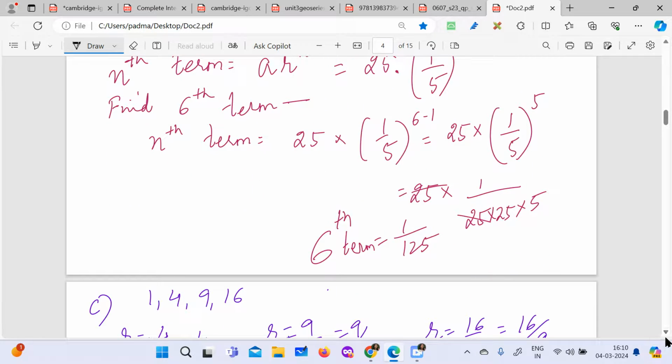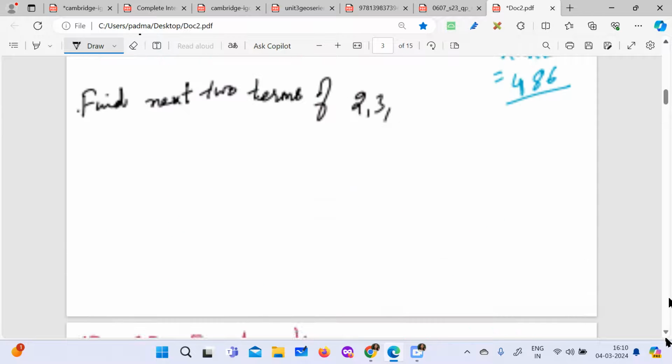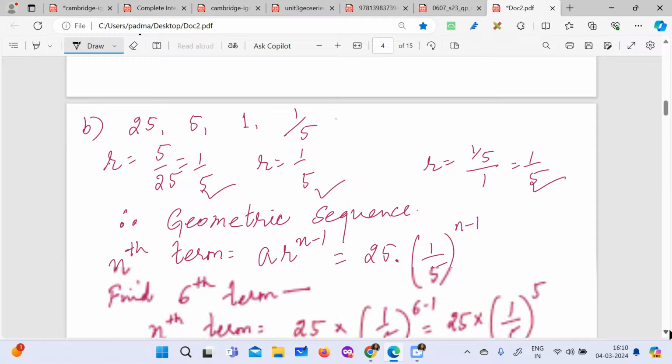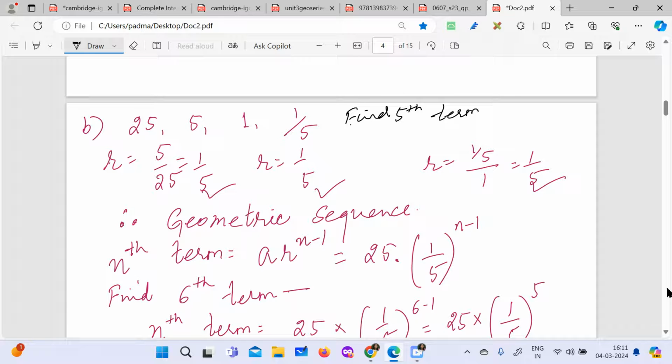And then we will do this here also. We have to find the fifth and sixth term. The sixth term we have already done, so we need to only do the fifth term. Since this geometric sequence's nth term rule is this, we can find the fifth term. So the fifth term will be 25 times 1 over 5 to the power of n minus 1, and n is replaced by 5.